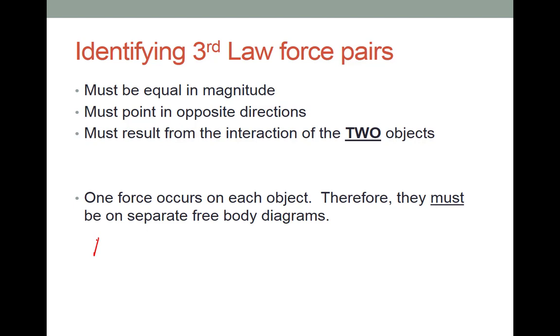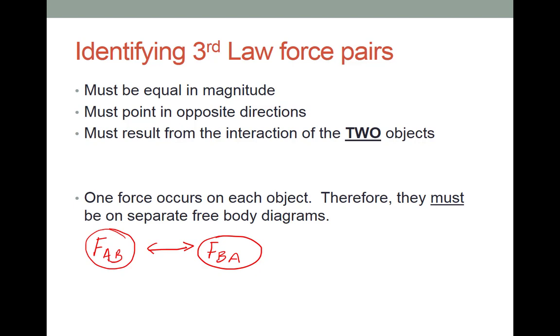So remember, I had the force from A on B, the force caused by A acting on B. If you follow my naming scheme, then the third law force pair is very easy to identify because it's got exactly the opposite subscripts. So the force from A on B is the third law force pair to the force from B on A.